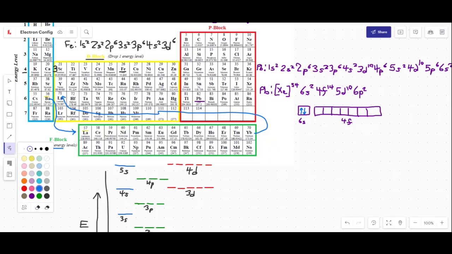Electrons, electrostatically, have the same negative charge, don't they? Two electrons in the same orbital are going to have the same charge, right? Yeah, exactly. And if they have the same charge, are they going to repel each other or attract one another? Repel. But if they're spinning in opposite directions, they're generating opposite magnetic fields.